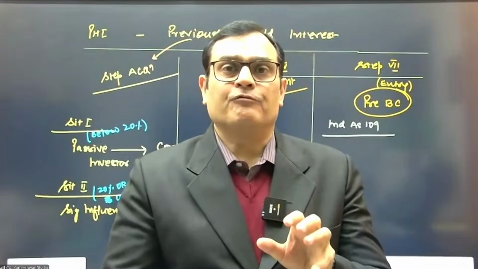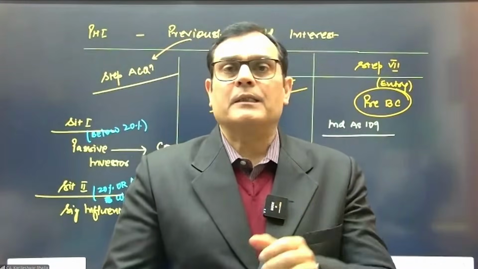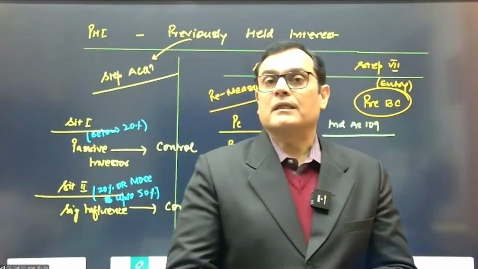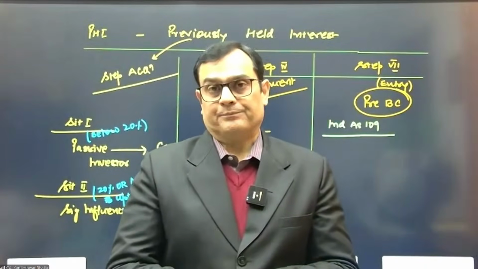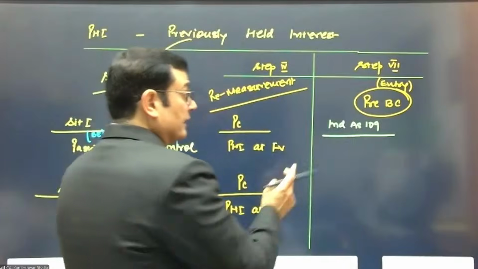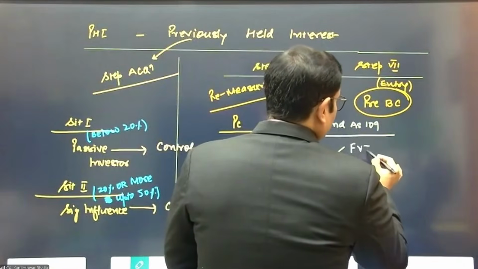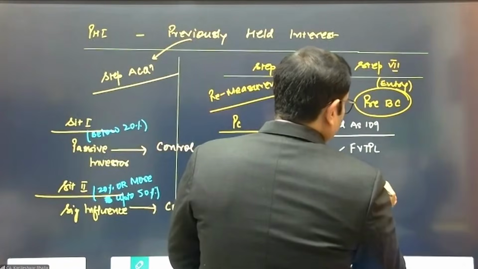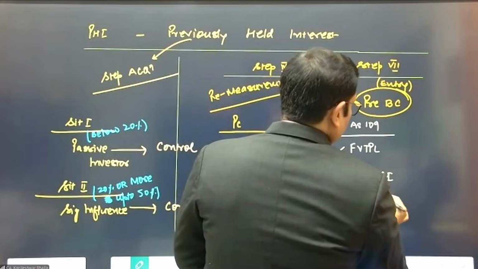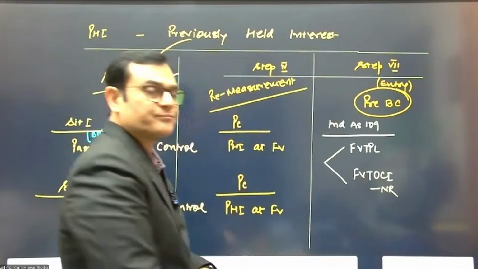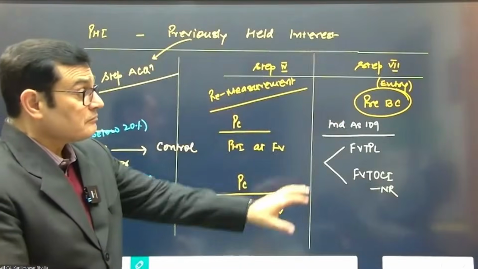You've already seen in financial instruments that unrelated party equity investments are accounted for under Ind AS 109. So in this case, the investment is either measured at FVTPL or measured at FVTOCI. There is no recycling or reclassification.